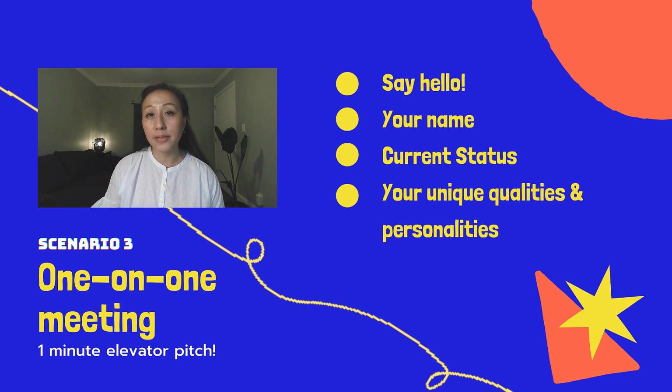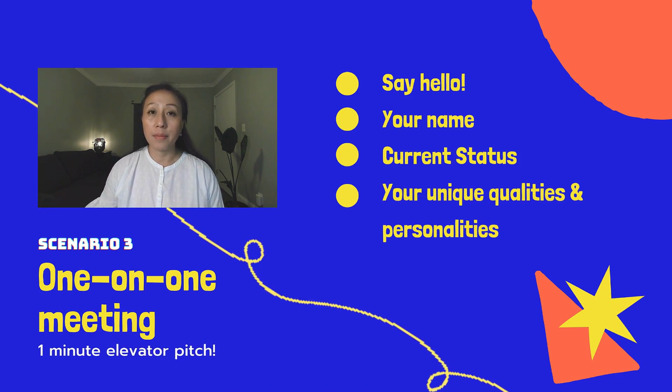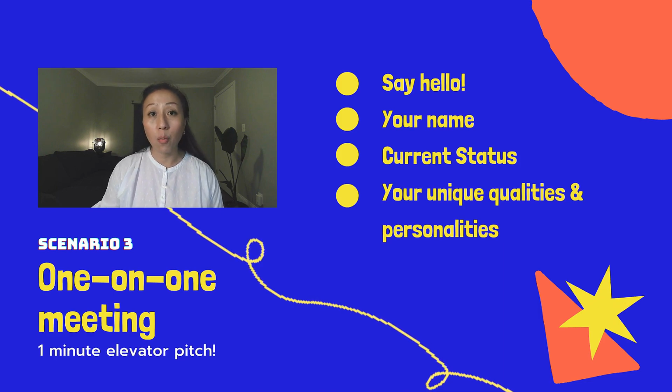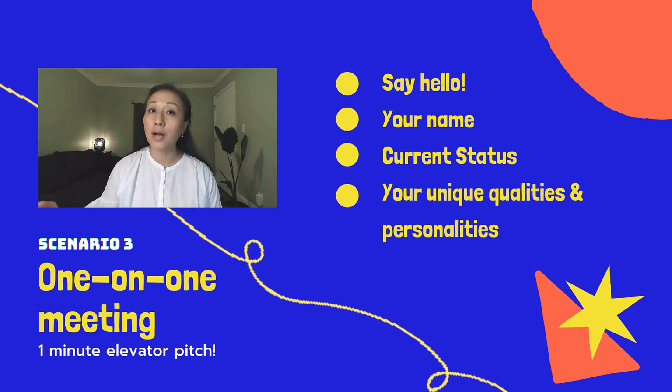However, you still want to keep it under a minute, right? A lot of the time, this is referred to as an elevator pitch, or the same way that you introduce yourself in a one-on-one meeting is the same way that you are going to respond to the most common interview question, "Tell me about yourself." I know it's not your favorite question, and it's actually not a favorite question for many adults too. But with practice, you're going to be really good at it.